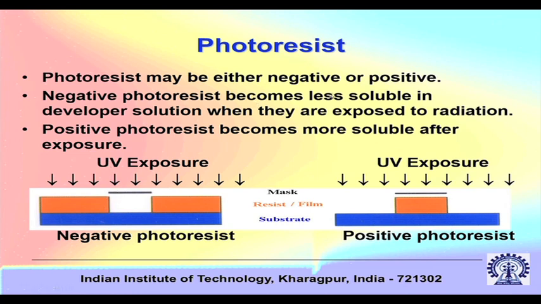On the other hand, positive photoresist becomes more soluble after exposure, so here the photoresist is gone after development. Depending on the positive or the negative photoresist, you get either the positive replica or the negative replica, but the pattern is transferred.